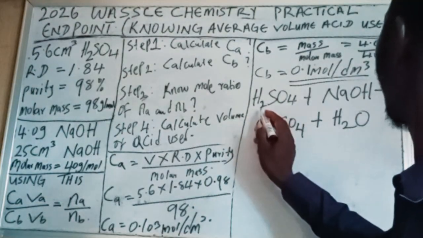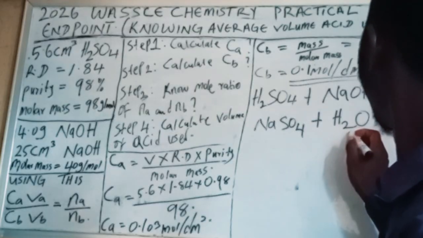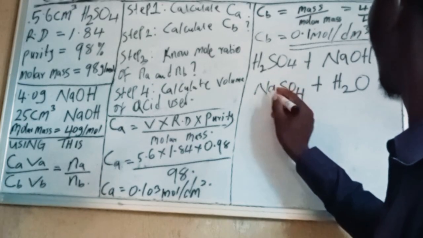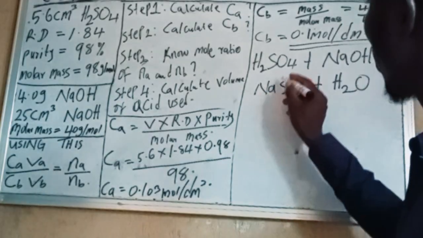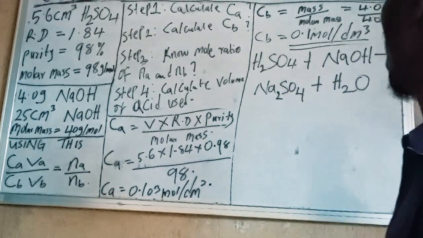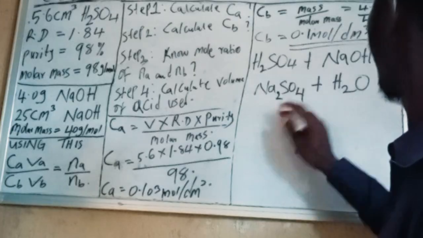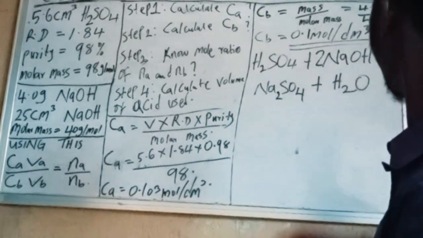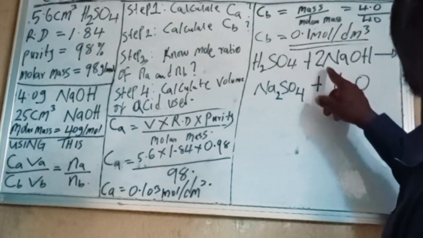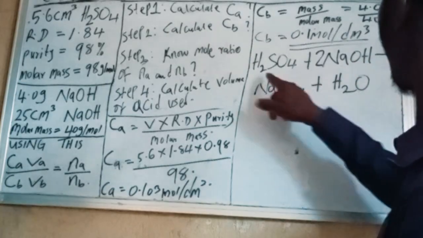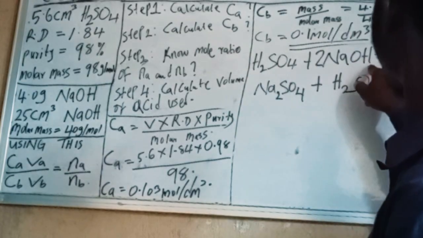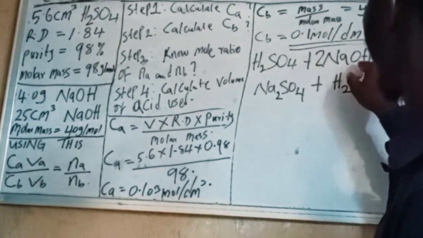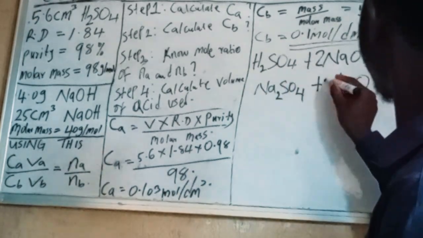We have 2 hydrogen here and 2 hydrogen here. Because of the 2 hydrogen, sodium cannot bond with sulfate with only one sodium, so we need to have 2 sodium here. So when we have 2 sodium here, we add 2 sodium here. The total hydrogen on the reactant side is 4, so we put 2 here.